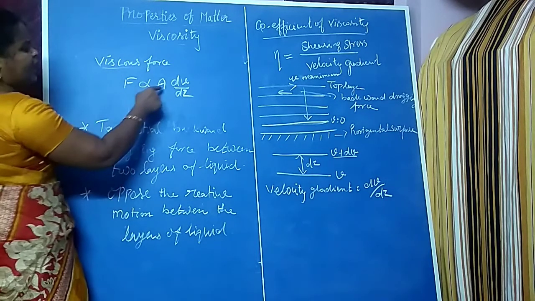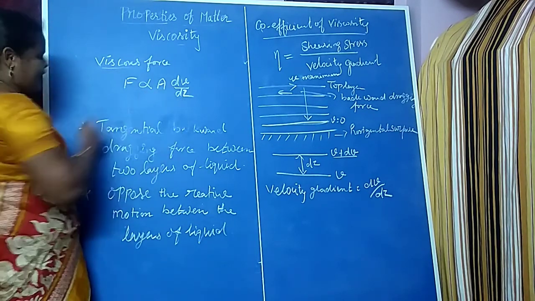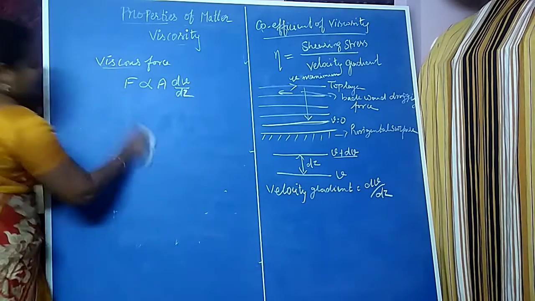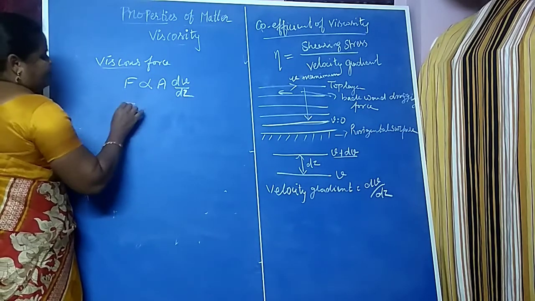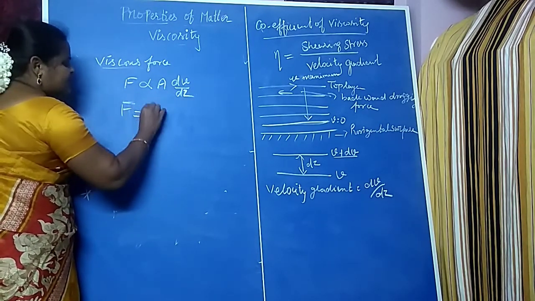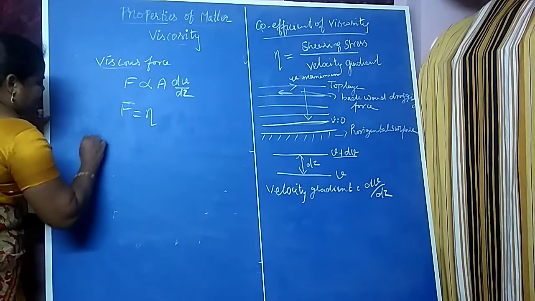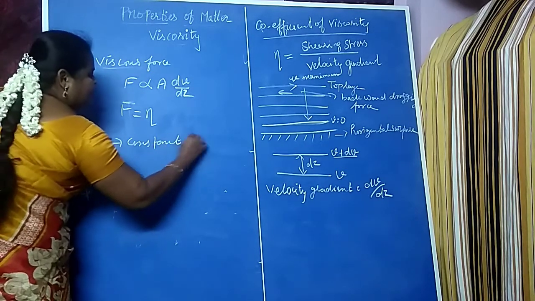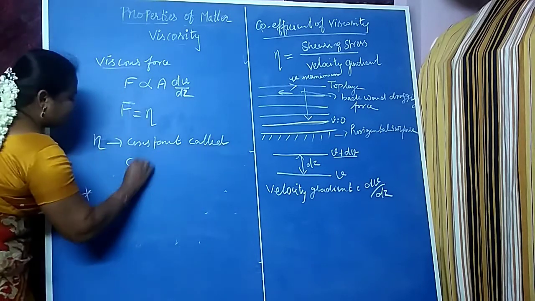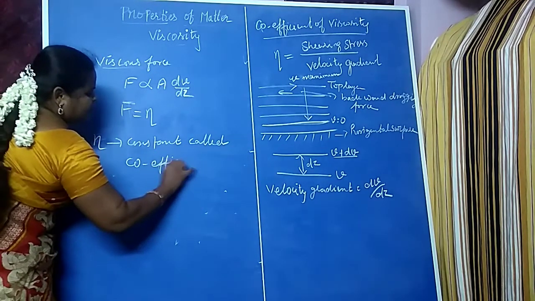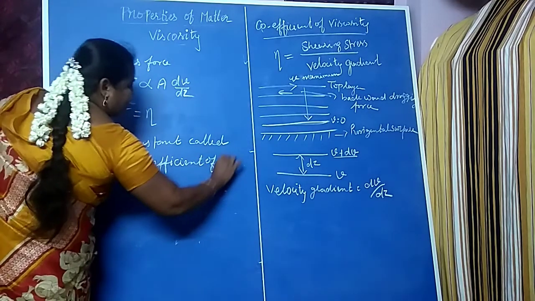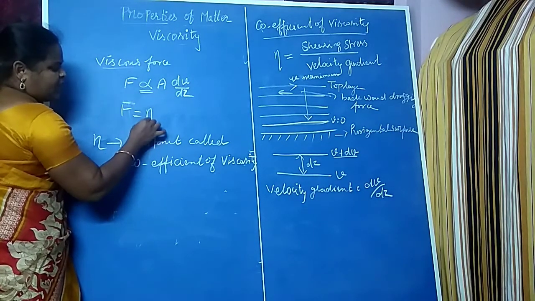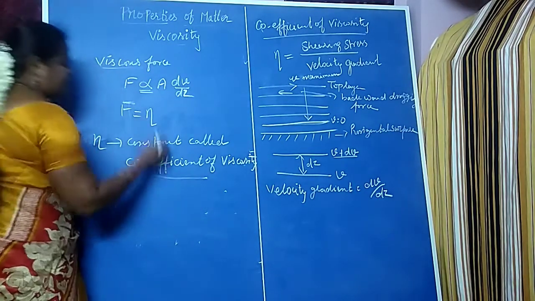Viscous force depends on the area of the layer and the velocity gradient of the liquid. Removing the proportionality, we put a constant eta, called the coefficient of viscosity.